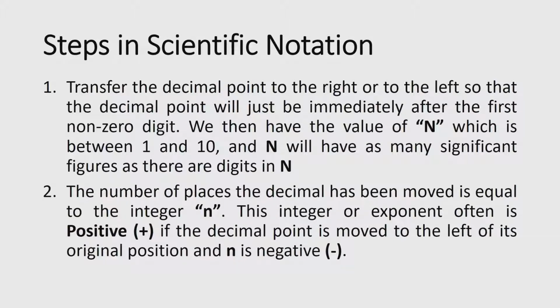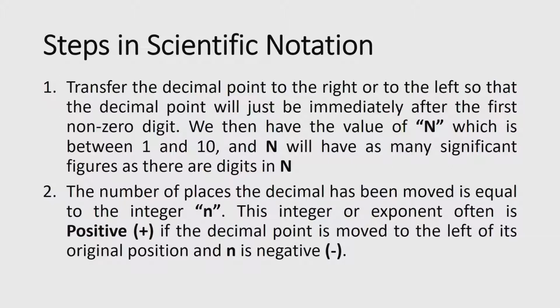Okay, how are we going to express step number 2? I will just present this scientific notation step by step, and maybe I will give you another example combining these two steps.